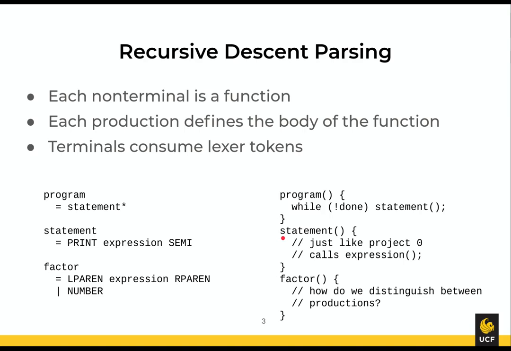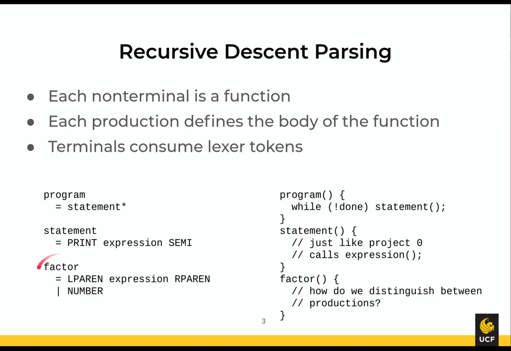You check for the print token, you call the expression kind of subparser, and then you check for a semicolon token. With me so far? Any questions on this so far? So it's almost a one-to-one correspondence between non-terminals being functions and the productions being the bodies of those functions.